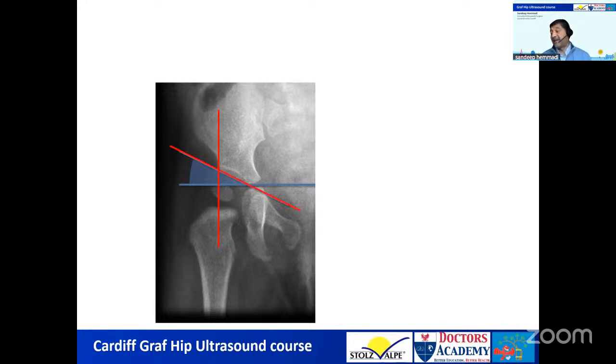This is effectively what you measure when you do the ultrasound in a standard plane. It's not very different from what you do on plain films. It's just that you haven't got the other hip visible in the ultrasound. So you use a reference point which is 90 degrees to your horizontal line, and that then becomes the alpha angle.